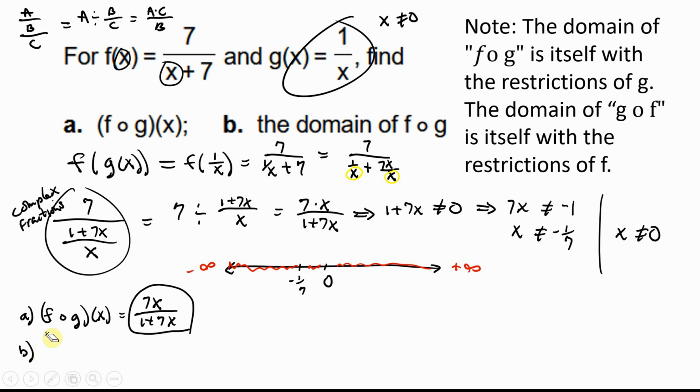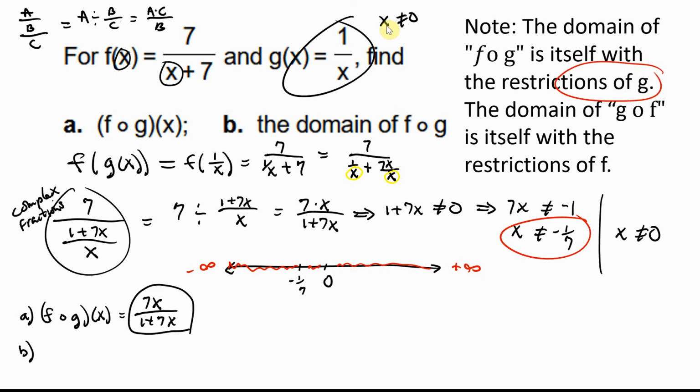The domain is the exclusion of the restriction for g, because that's what this definition tells us. The domain of f composed with g is itself. What does that mean? Well, that's this guy right here. That's what I get when I find f composed with g. I find its domain, that is everything except -1 over 7, with the restriction of g.